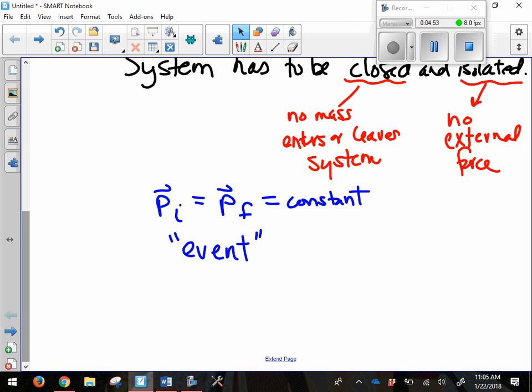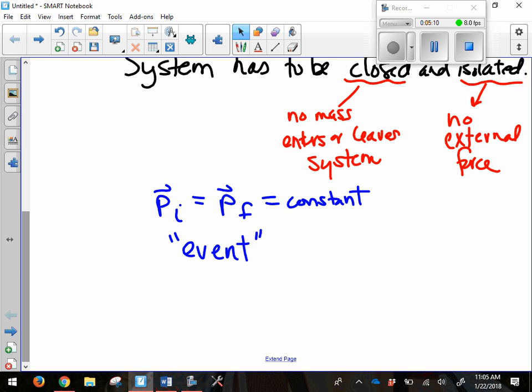So when I take my Newton's cradle and I lift up one of the balls and I say that the momentum is conserved before and after the collision, and that's why if I lift up one ball, one pops up on the other side. The event is the balls colliding.